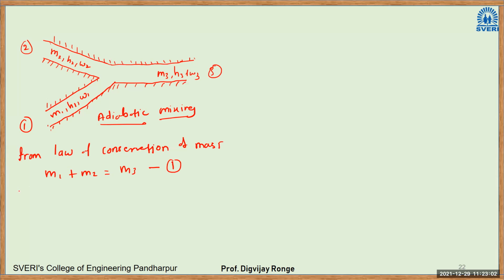Now from law of conservation of mass, I will apply it for the water vapors. In this case, this will be M1 W1 plus M2 W2. This term will give you amount of water vapors, and this will give you amount of water vapors. So this will be equal to M3 into W3. This is equation number 2.